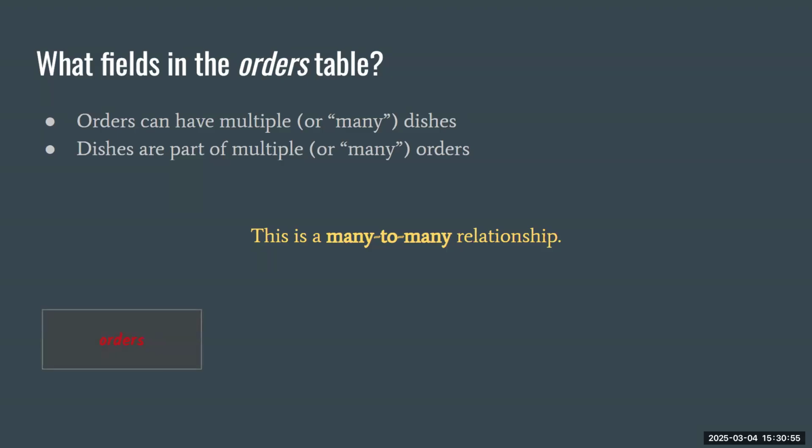So first, we'll have the orders over here and the dishes. And we know that many orders can be related to many dishes. So we'll create a new table, our join table, and call it orders dishes, at least to start with.